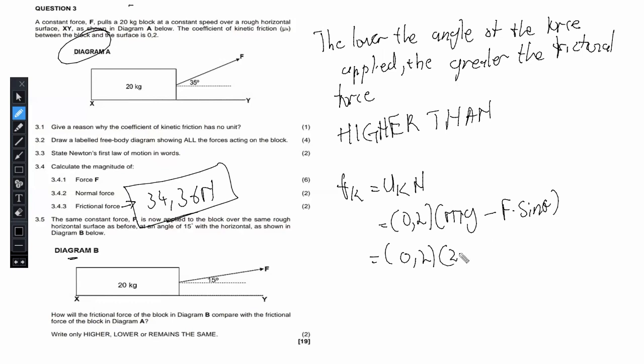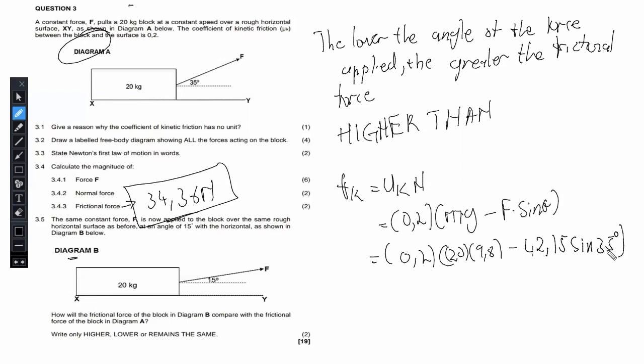So our mass 20, times 9.8, minus F, the same force that we found, which was 42.15, and then sine 35 degrees.